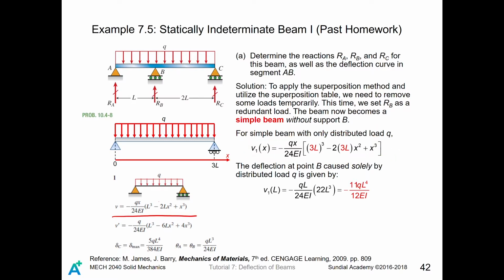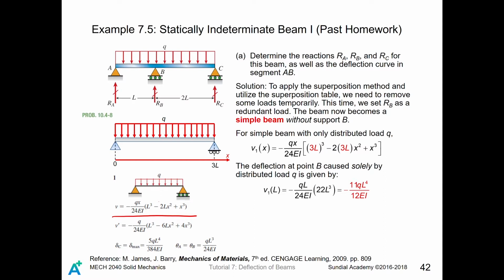Point B is located at x equals L, so the deflection at point B can be obtained by substituting L into x, so that we get the deflection as 11QL to the power 4 divided by 12EI.